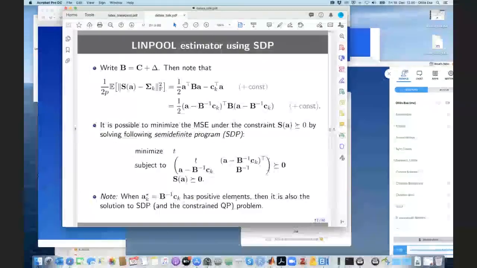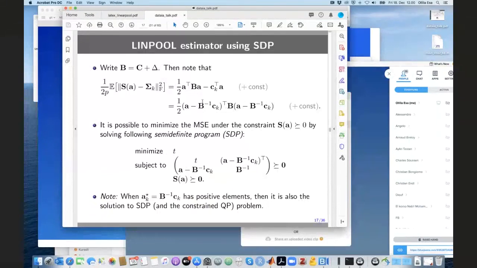Then another extension is, why don't we somehow directly impose a positive semi-definite constraint on the problem? The idea is that, if we denote by matrix B the matrix C plus delta, then the mean squared error would be of the following form, and then we can write it in this form.